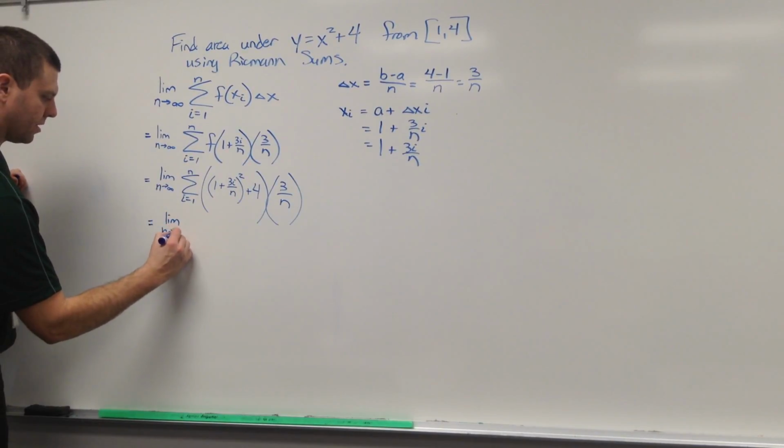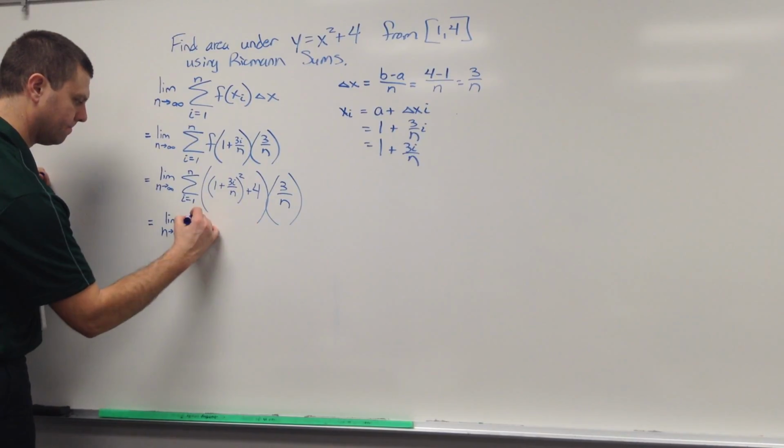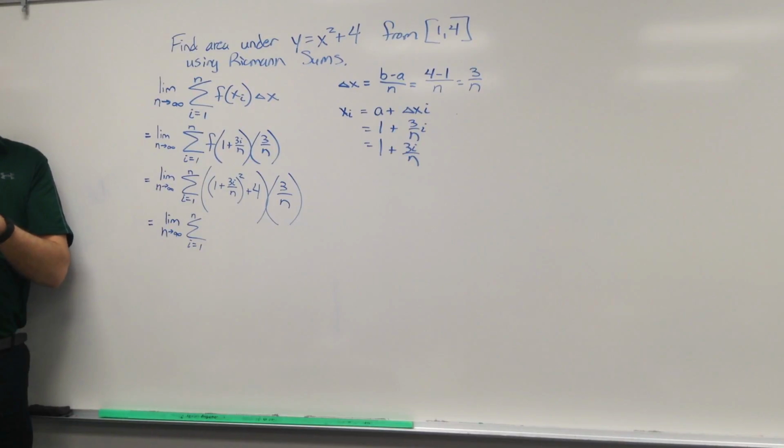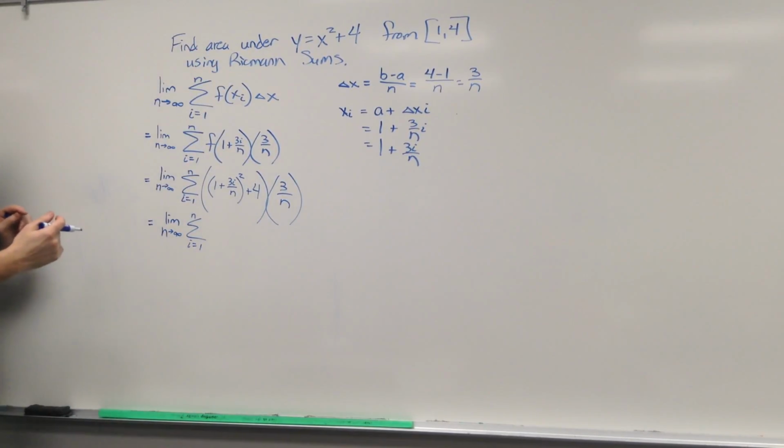And now it's just algebra. A lot of it. If I square this, that will require a FOIL. 1 plus 3i over n times another 1 plus 3i over n.